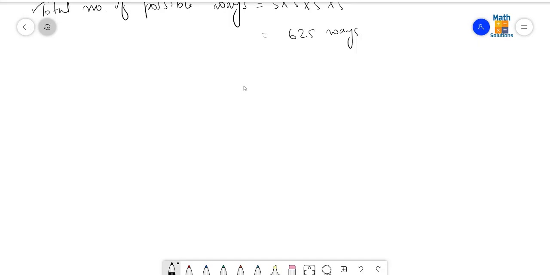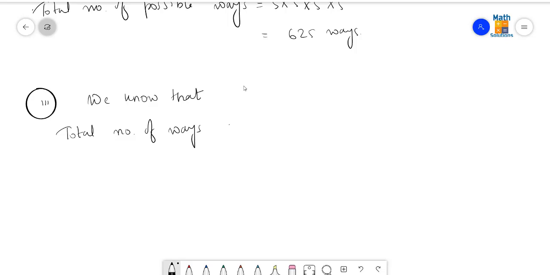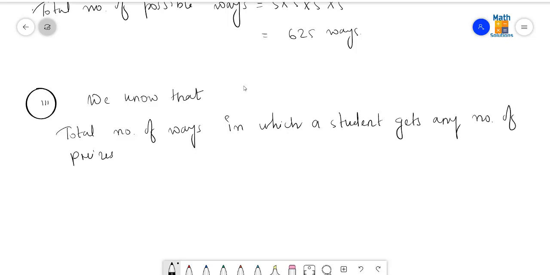So for getting the third answer, what can we write? We know that the total number of ways in which a student gets any number of prizes is equal to 625.